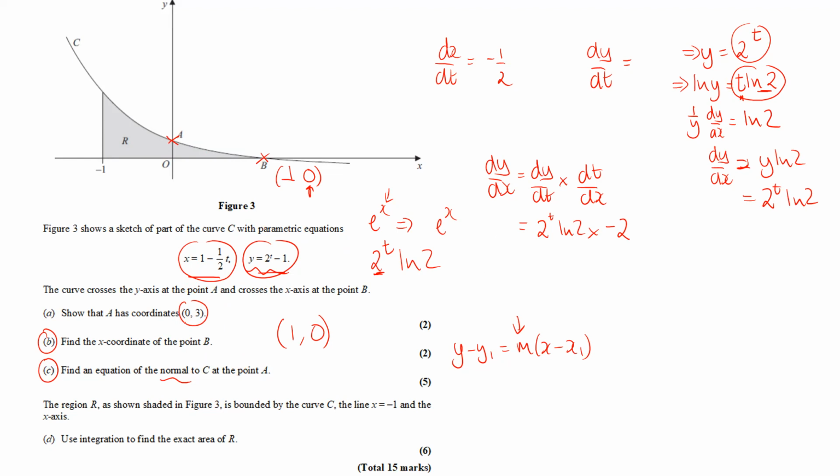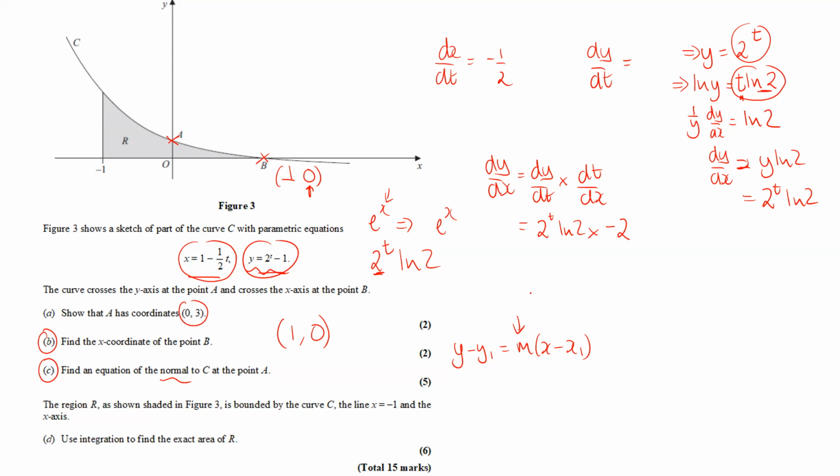So an x is 0. What's our t going to be? So at A, t is equal to 2.